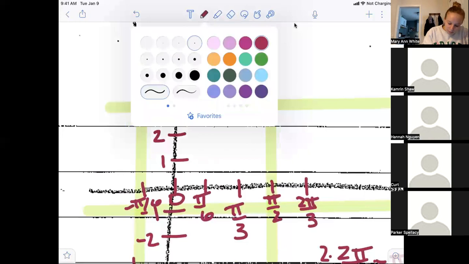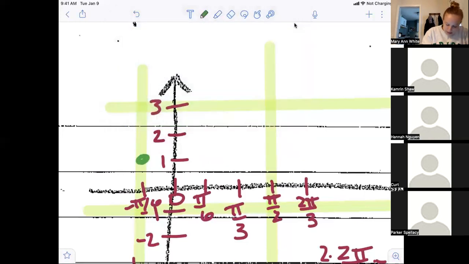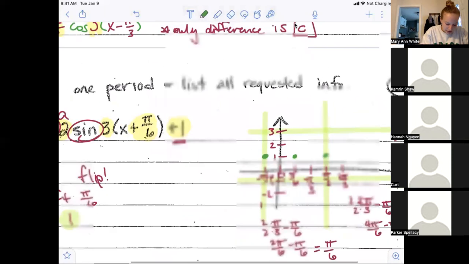So I've got to put my first point at negative pi over 6, 1. And that's my new axis line that I'm used to mirroring around. So my first point, my middle point, and my last point go through that middle line, that 1, because it's the center of my graph now. The second point doesn't go that high because I have to flip it.